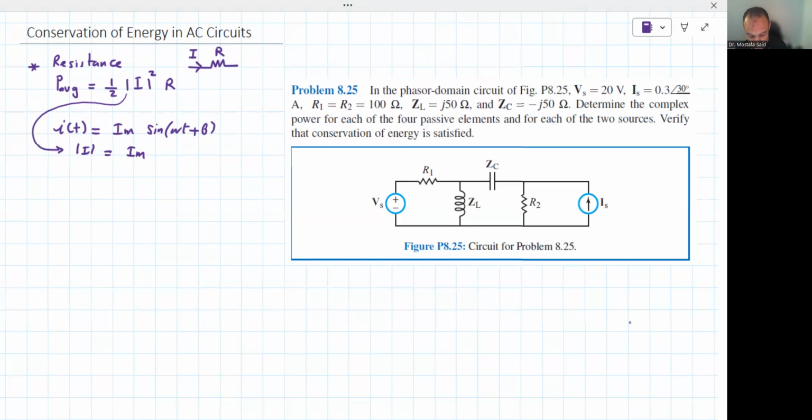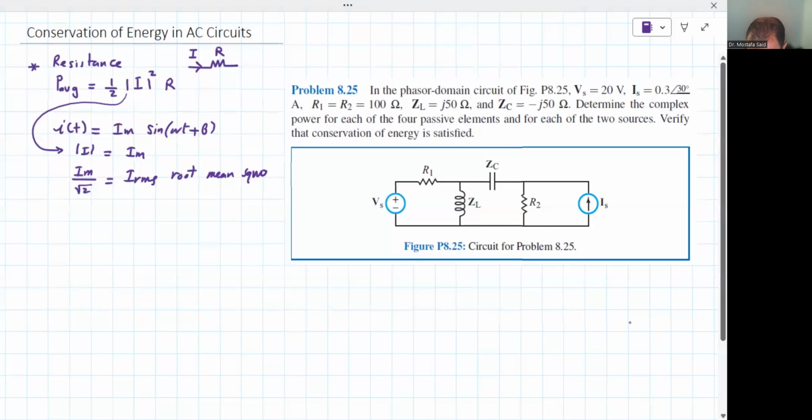When you divide Im by the square root of 2, this is called I RMS, the root mean square value of that current. The definition of the root mean square value of a current is basically the equivalent DC current of that AC signal that will produce the same heat in the resistance it passes through.